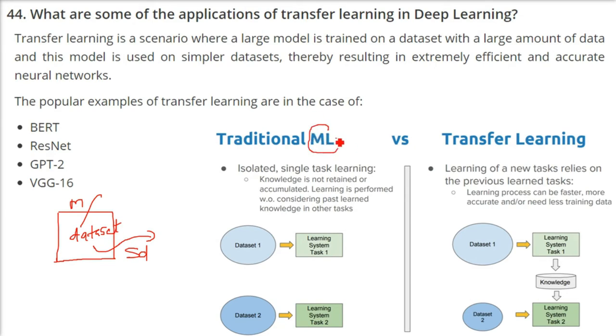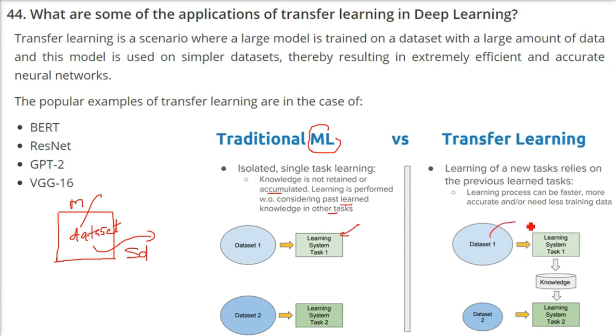In traditional ML, this was isolated, single-task learning. So knowledge is not retained or accumulated; learning is not performed considering past learned knowledge in other tasks. It is standalone. For data set 1 we have a system running task 1, same for data set 2.